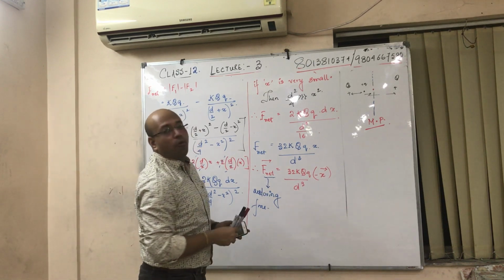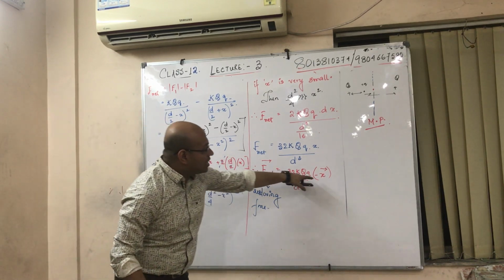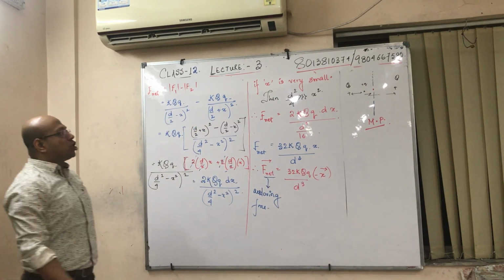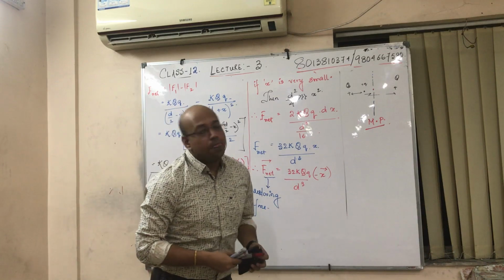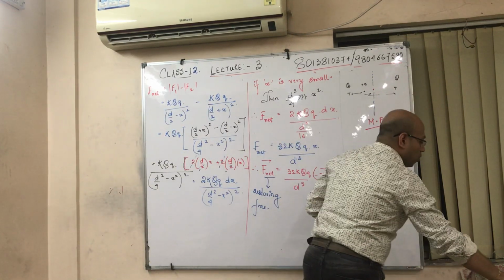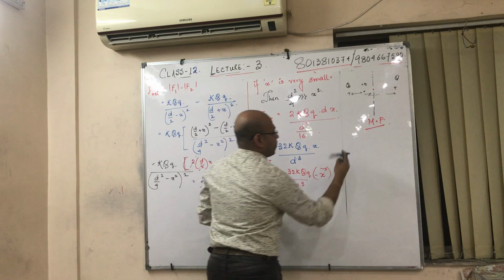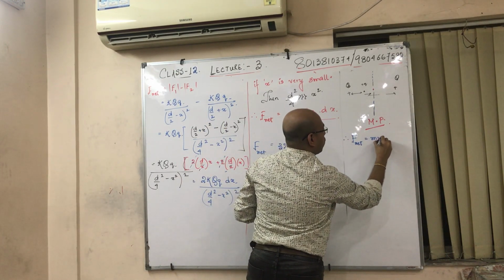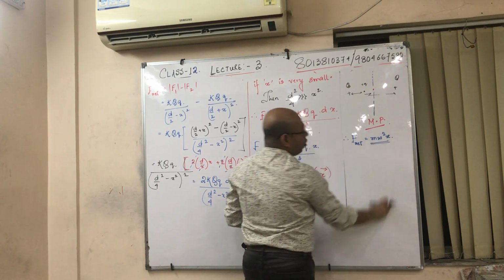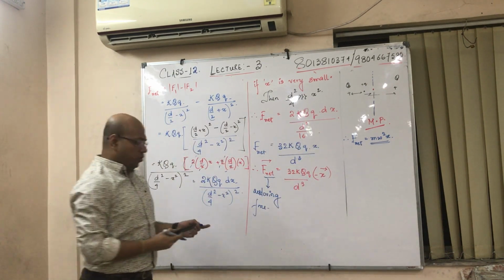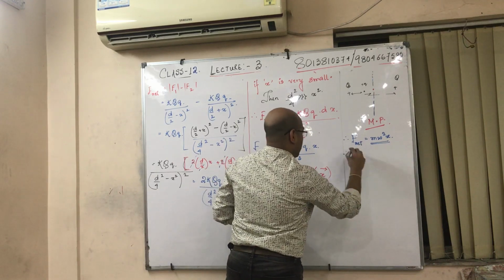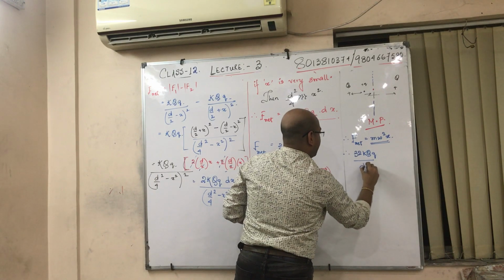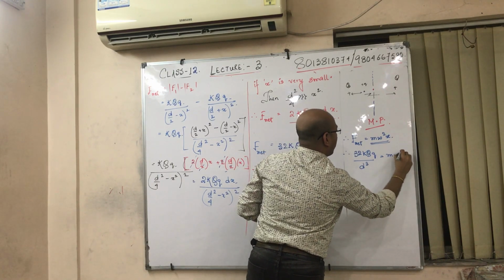Because this is proportional to the displacement from the mean position. We have seen F net is equal to m omega square x. I hope you know this thing. So 32K big Q small q by d cube is equal to m omega square.